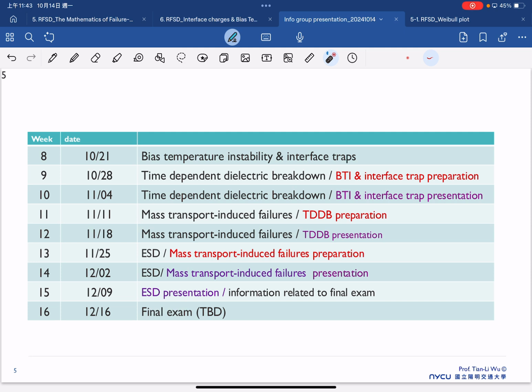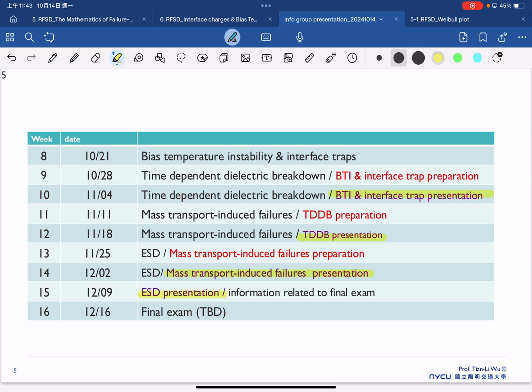So the first group will be requested to present on November 20, and the second group is here, November 18, and this is December 2nd, and also December 9th for the last presentation.